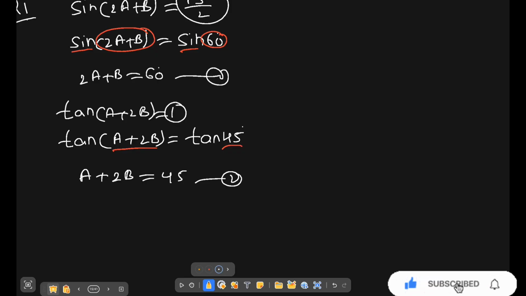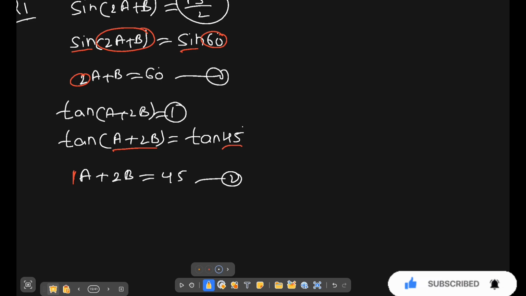So let's solve it by the elimination method. Let's eliminate A first. To eliminate A, the coefficient of A must be equal. In equation 1, the coefficient of A is 2, but in equation 2, the coefficient of A is 1. So we have to multiply equation 2 with 2 to make the coefficients equal.